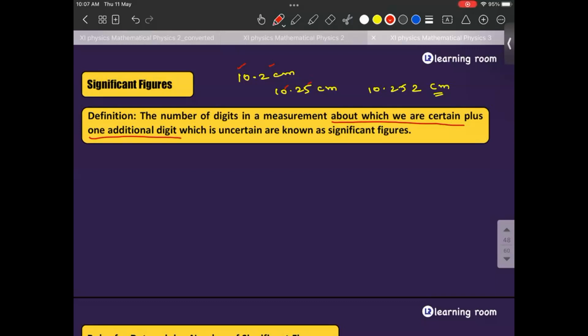The sum of the number of these certain digits plus one uncertain digit is what is called the number of significant figures of that particular measurement. Are you able to get a perspective out of this? When you take a measurement, there will be certain digits plus one uncertain digit. All these digits put together is what we call significant figures. So make a note of the definition.